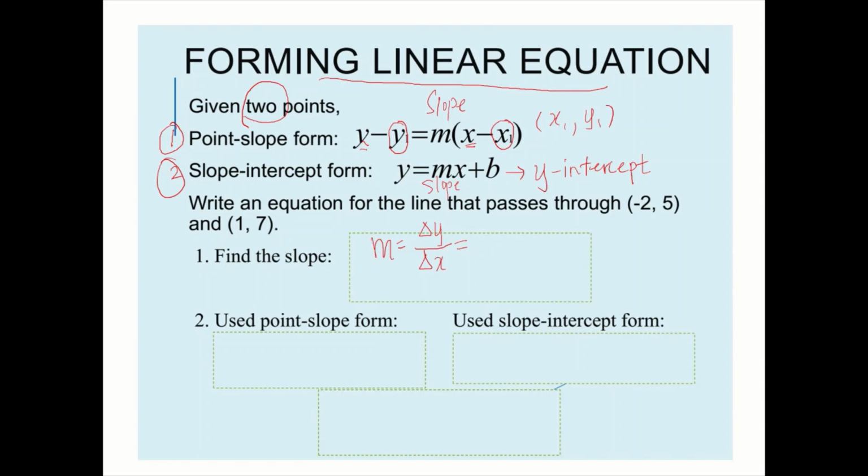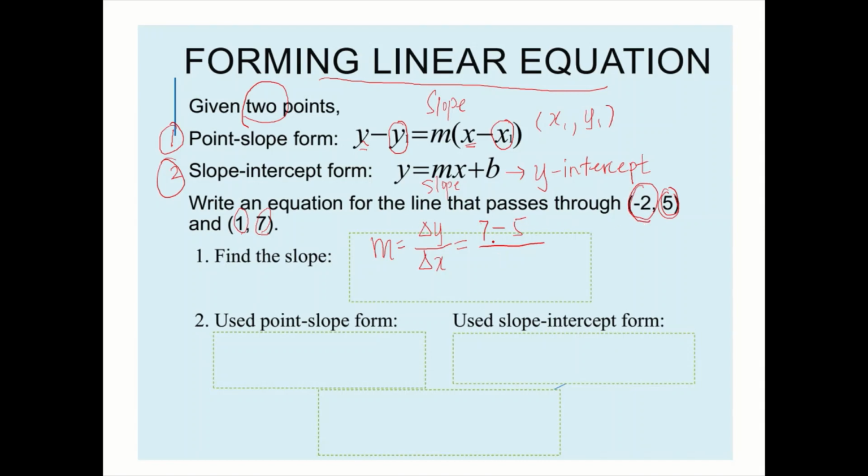So how to find the difference of y? We can take 7 minus 5. When we have 7 minus 5, then we can find the difference of y. Now, how to find the difference of x? Since for the difference of y, we take 7 minus 5, for the difference of x, we must take 1 minus -2.